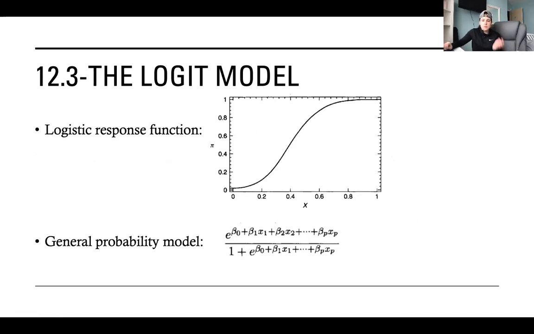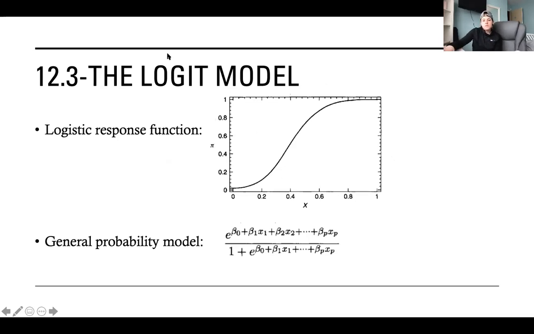All right, so section 12.3 is going to talk about the logit model. The relationship between the probability pi and x can be represented by a logistic response function, as we can see by this graph right here.